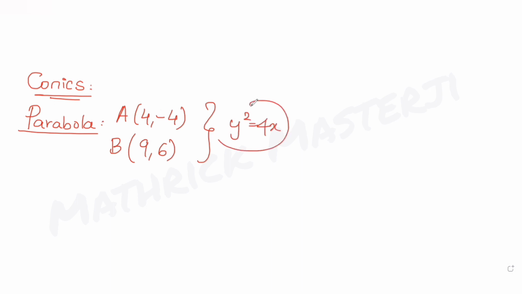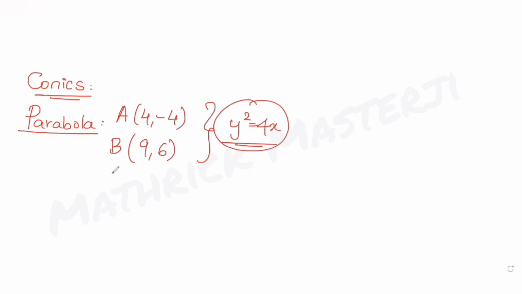The question tells us that A(4, -4) and B(9, 6) are points on the parabola y square equal to 4x.